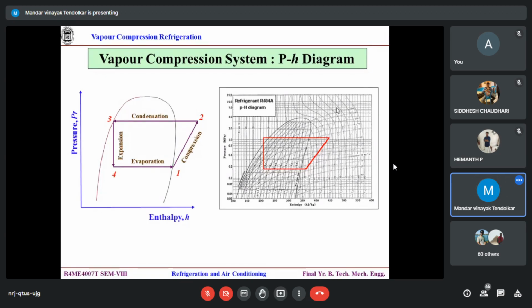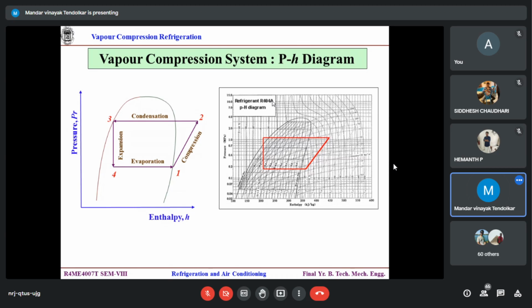Now you open that ASHRAE booklet which I shared in the morning, and you will find a similar type of chart for every refrigerant. This is for 404A.